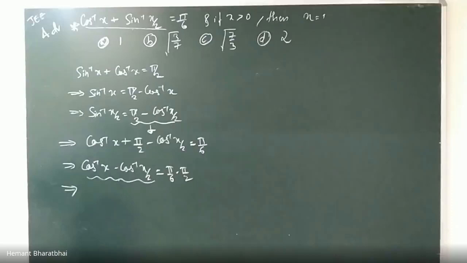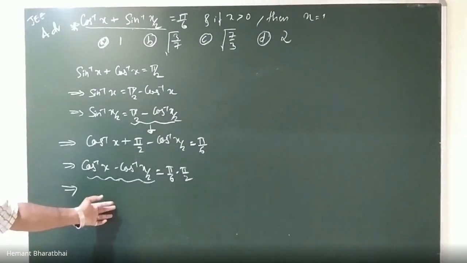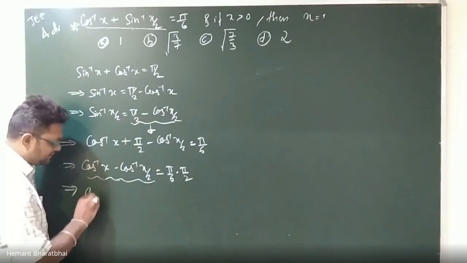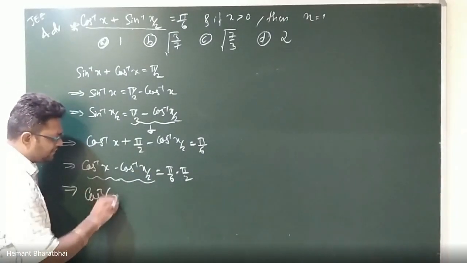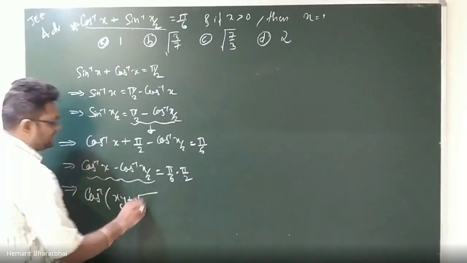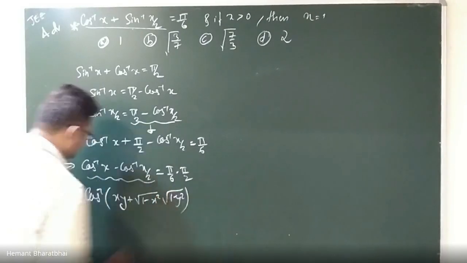Cos inverse of x minus cos inverse of y is cos inverse of xy plus under root of 1 minus x square into under root of 1 minus y square.